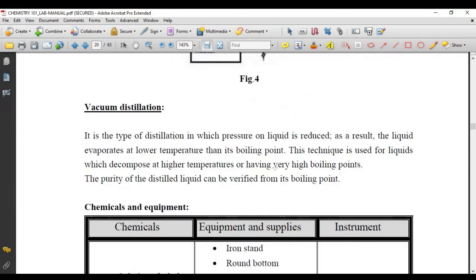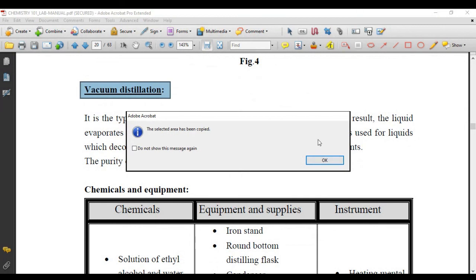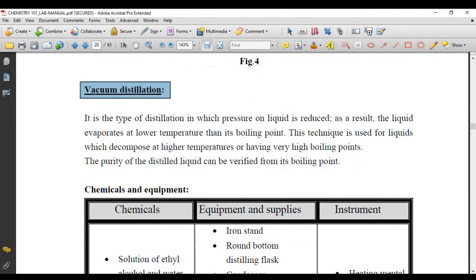And what is vacuum distillation? Now, vacuum distillation is very important. Sometimes some mixtures have a very high boiling temperature. When we heat those mixtures, they decompose. So we use vacuum distillation. What is the purpose of this vacuum distillation? Basically, when we create a vacuum, it means we are decreasing the external pressure.